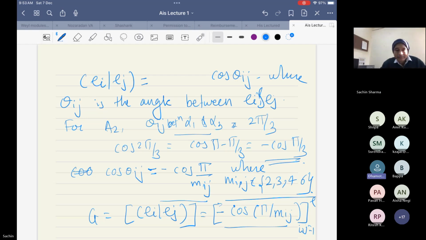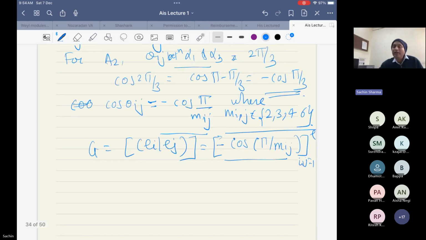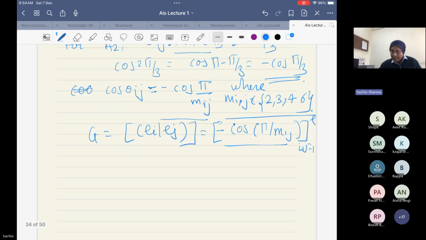The ei, ej are unit vectors, no? So I should be careful. The Cartan matrix, as it is not symmetric, cannot be called positive definite, thanks to the correction. Okay, fine.